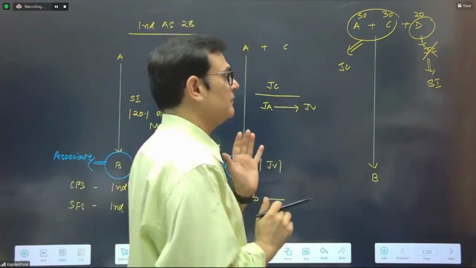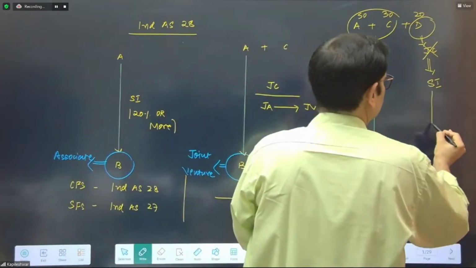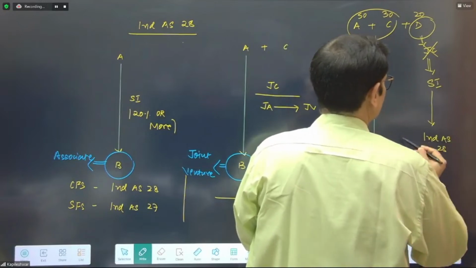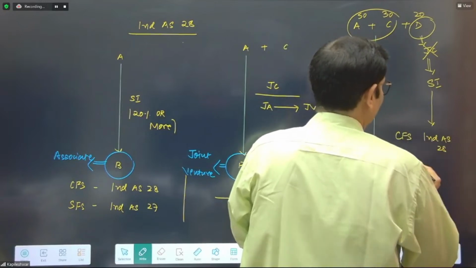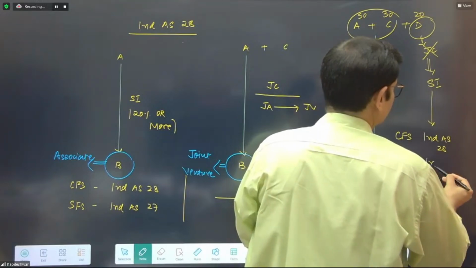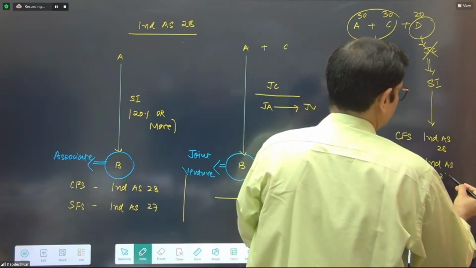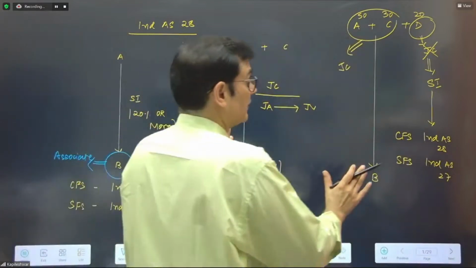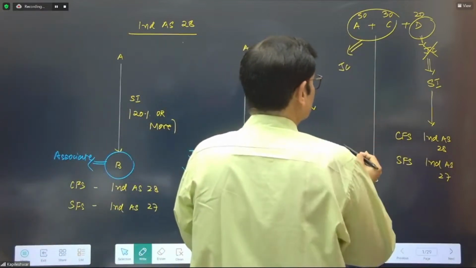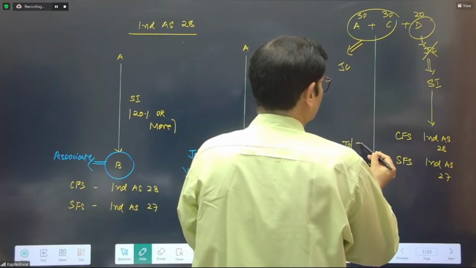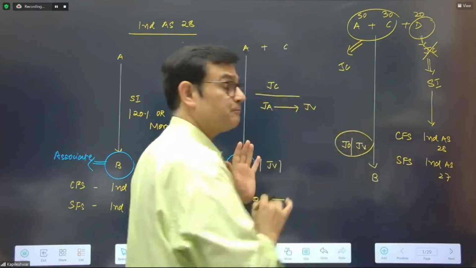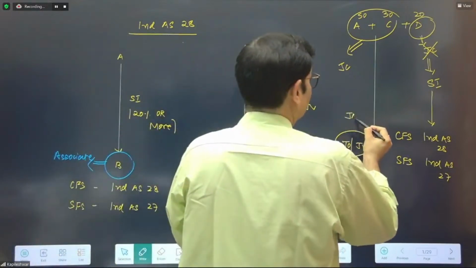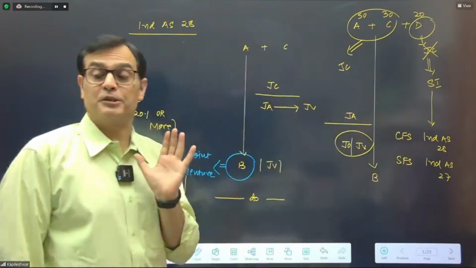Now, if he's got a significant influence, then D is supposed to apply Ind AS 28 in terms of consolidated financials, and in terms of separate financials, Ind AS 27. So you can see something very interesting indeed. B might be classified as a joint operation or a joint venture. The joint arrangement might be classified as a joint operation or joint venture.